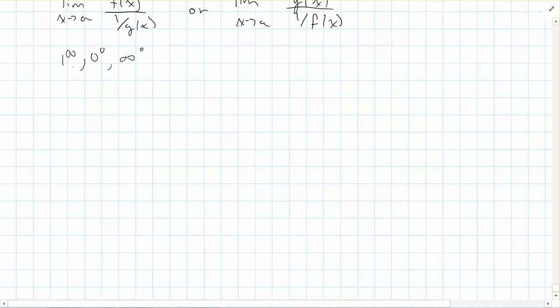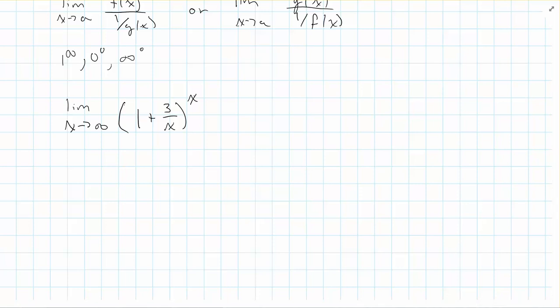Alright, so let's look at a beginning example here. We're going to look at the limit as x goes to infinity of the quantity 1 plus 3 over x, to the x power.